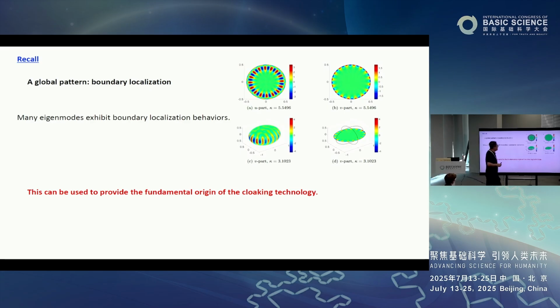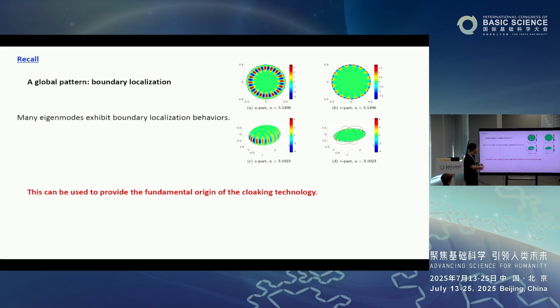When it meets the scatterer, it slides over and propagates around the boundary, returning to its original path at the other side, like water flowing past the surface of a stone. It generates no perturbation at the far observation point. That's why we get this boundary localization behavior.